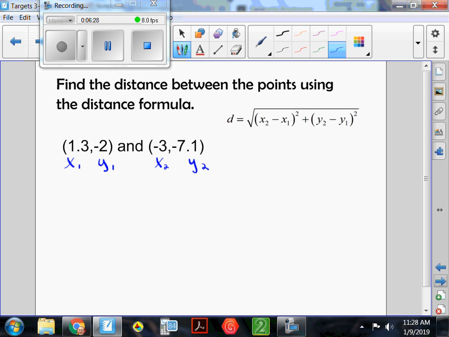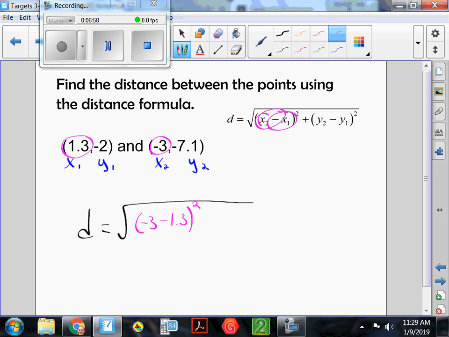And you can plug into the formula, but you can also think through what the formula is saying. We're taking the square root because we had the square root of a squared plus b squared when we did the Pythagorean theorem. We have x2 and x1. So the difference in the x's is negative 3 minus 1.3.